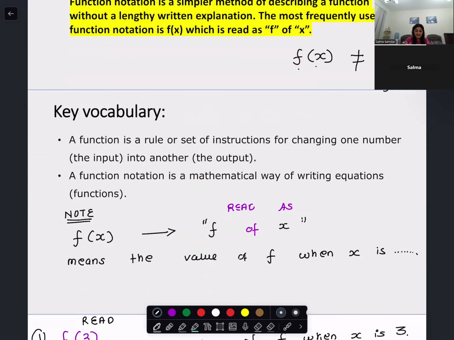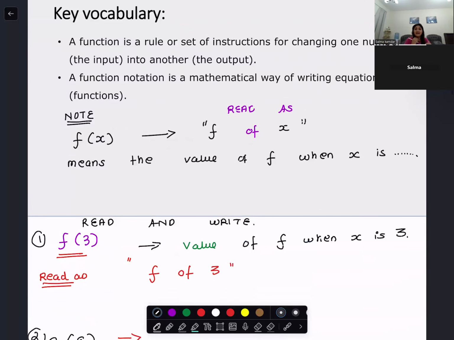So function is basically a rule or a set of instructions that you use for changing one number input into another output. That means if your input is changing, what will be the value of your output? It is a mathematical way of writing your equations.